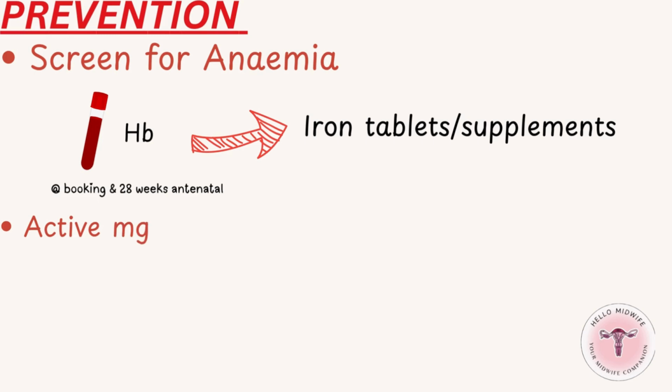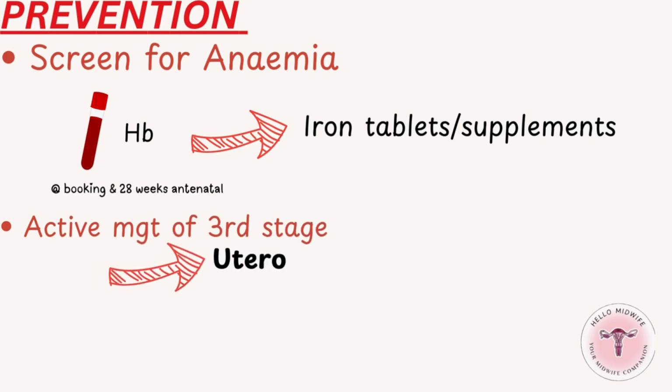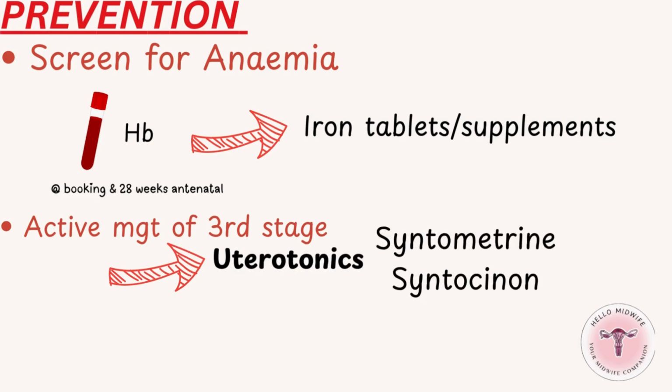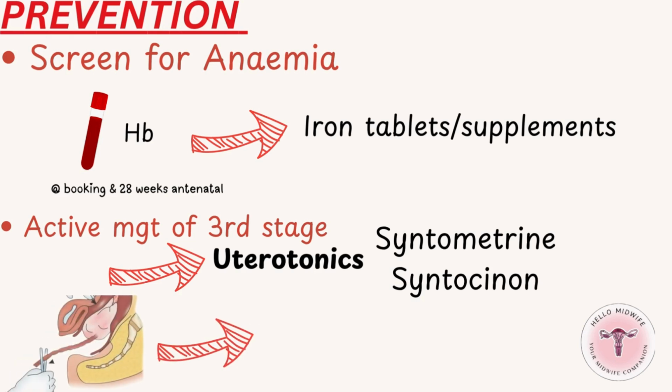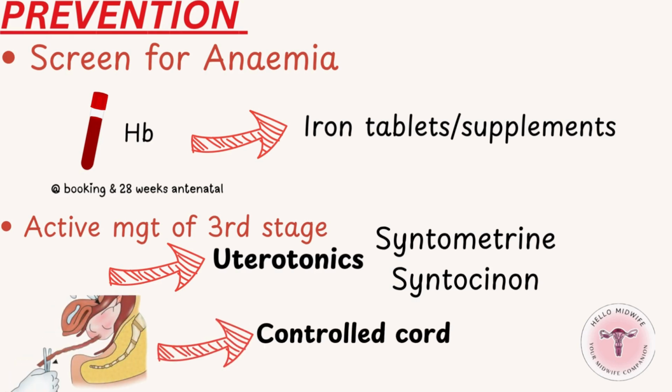During the third stage, we actively manage it. That means giving uterotonic drugs like syntometrine or syntocinon to help the uterus contract. We also use controlled cord traction to deliver the placenta safely. These steps work together to reduce the risk of heavy bleeding after birth.